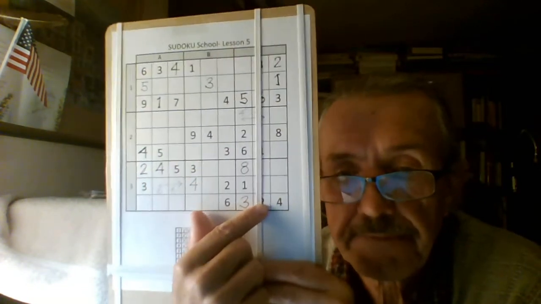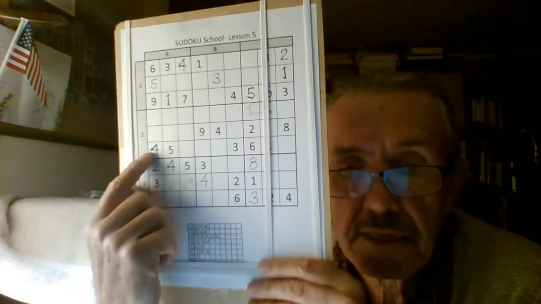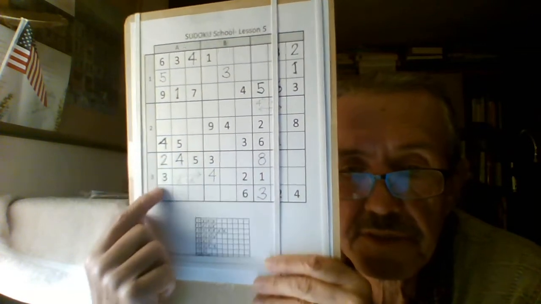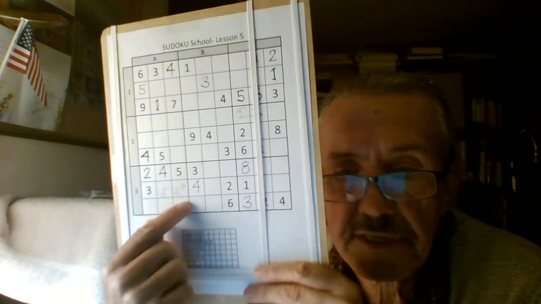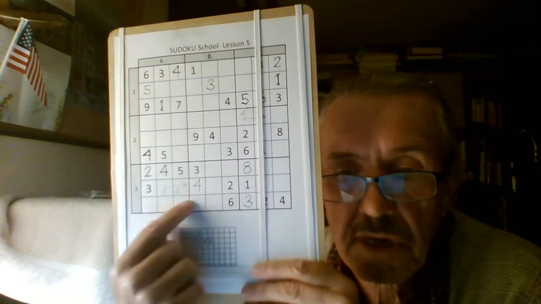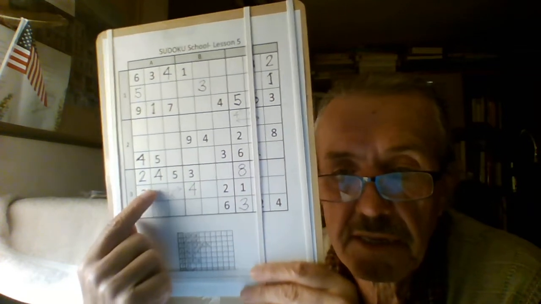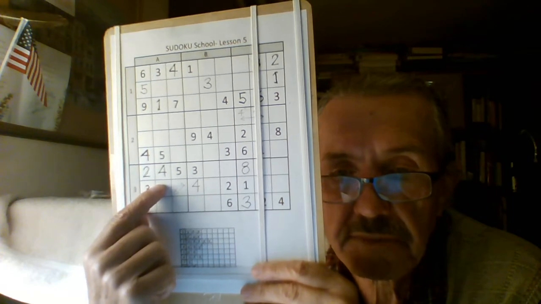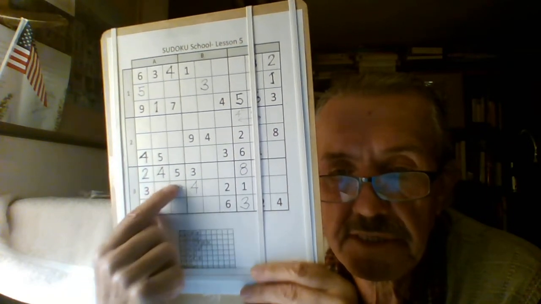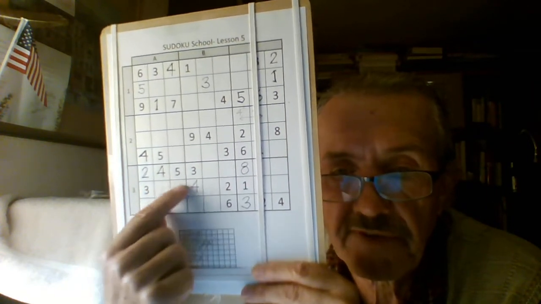As you see, in the neighbor square, 6 already exists in this row, and in this neighbor square, 6 has to exist in these two available spaces.